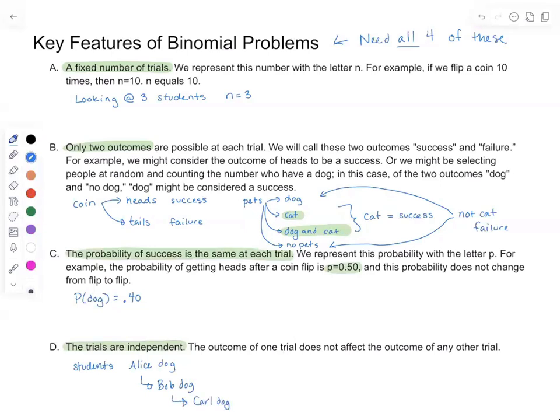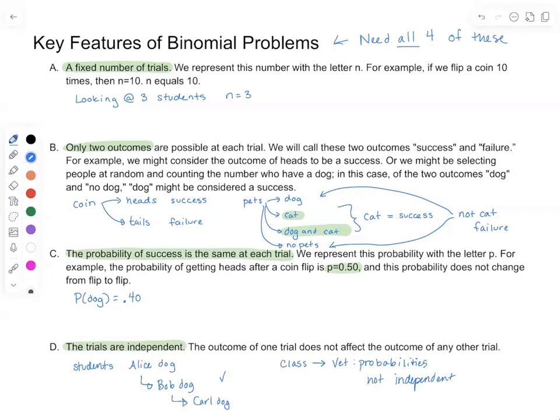So we're probably okay assuming that the situation is independent. Same thing with the coin flips. One coin flip doesn't impact another. But if the class that I was teaching was a veterinary class about dogs, right? So if I'm teaching a college course for vets specifically, then those probabilities might not be independent. Maybe they all have dogs and that's why they want to be vets. So these are the kinds of things we have to think about.